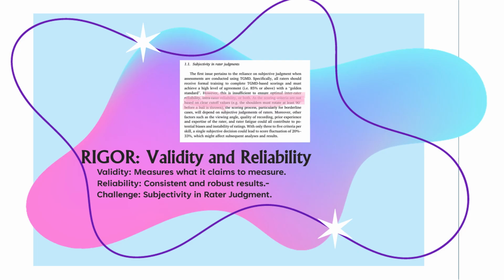Despite this, a key challenge is subjectivity in rater judgments. The Sports Medicine and Health Science article notes that because scoring criteria are not based on clear cut-off values, a single subjective decision can affect results.